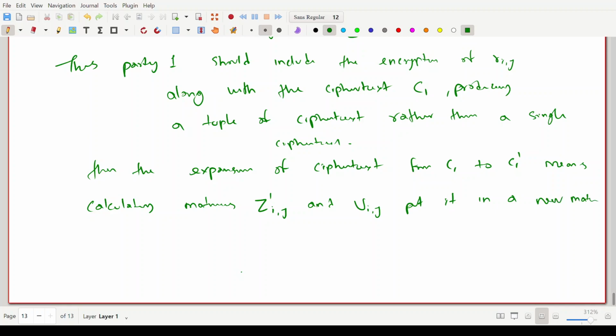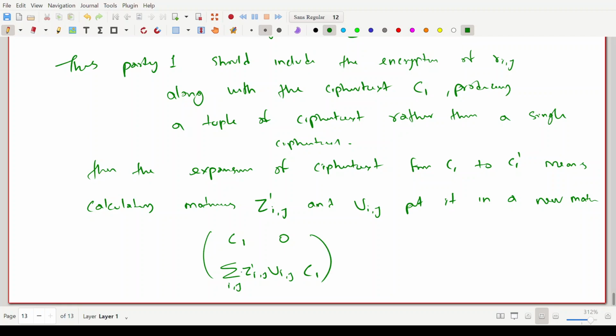So what is the new matrix? Here you are having C1, here it is 0 as I told you, x is 0, and here this is the summation over i, j of all your Zij dash Uij, and again C1. This is what your matrix is. And what was the condition?